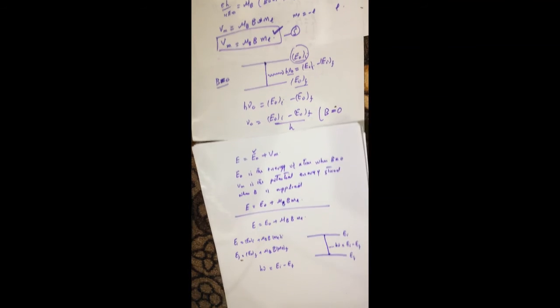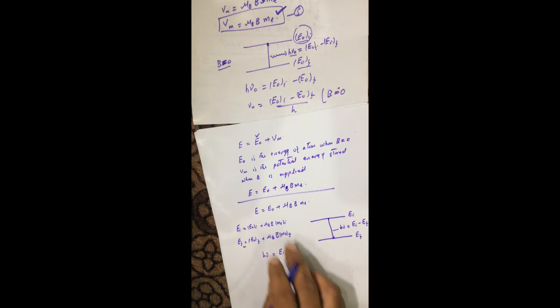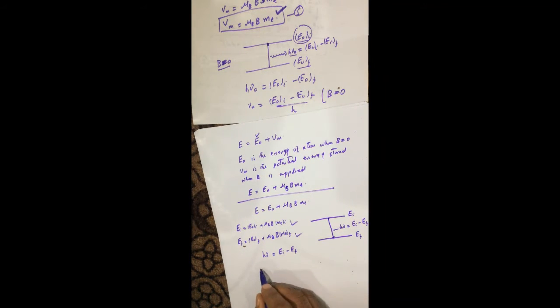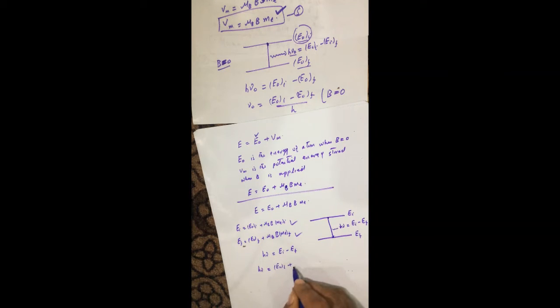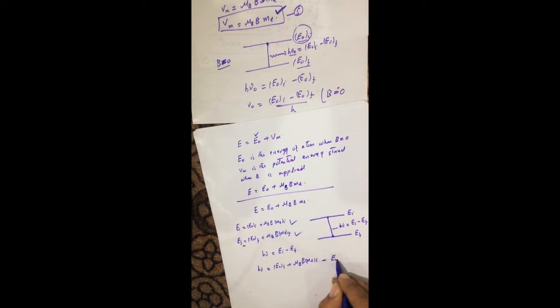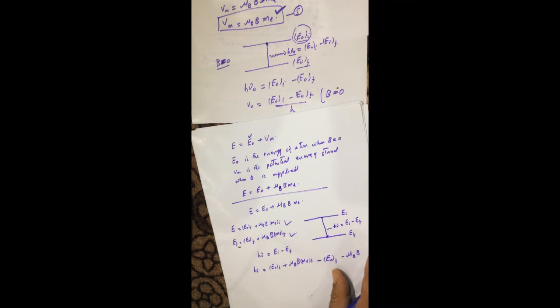In other words, if I use the values of EI and EF from these two equations, we have h nu, which is equal to E naught I plus mu B B MLI minus this term, which is E naught F minus mu B B into MLF.